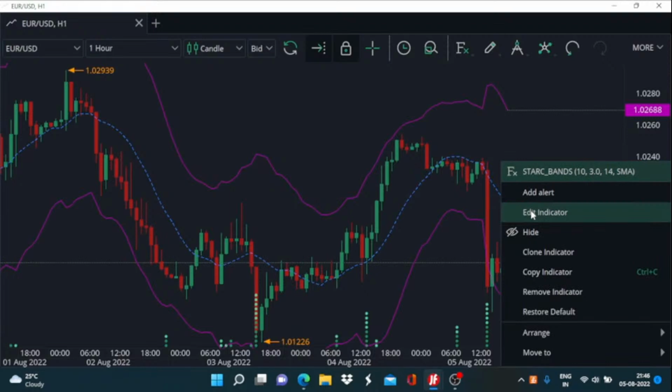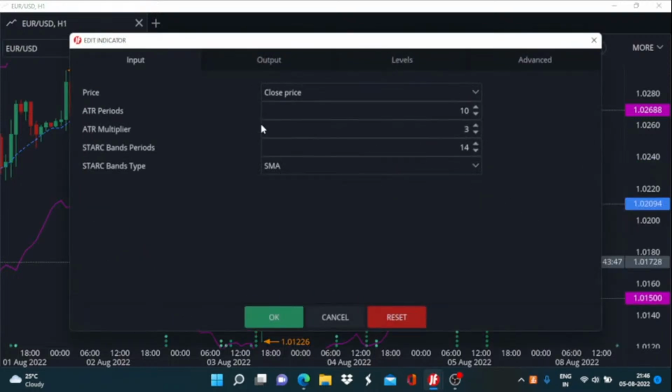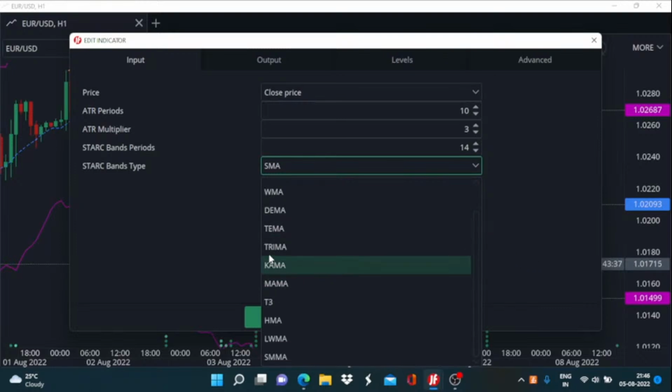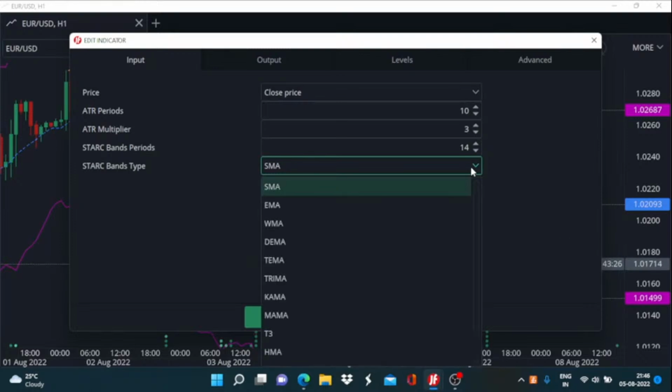Now coming to its editing options, we can change the simple moving average here. I said a while back that we can't change it, but that's not really true. Even I am new to this platform, so I think I omitted this significant availability.